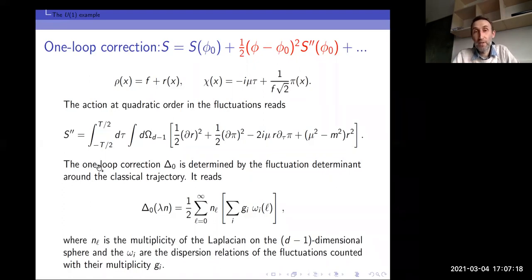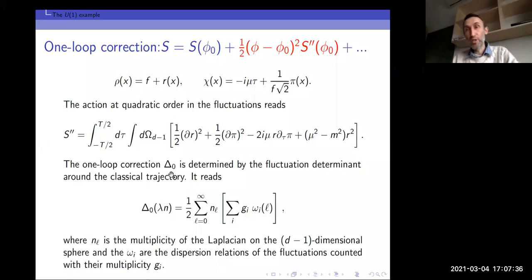The setup is very standard, of course, and you can show that the one-loop correction to the energies, which I now call delta 0, the next-to-leading order (NLO) term in the large charge expansion, will be determined by the fluctuation determinant around the classical trajectory. I didn't show it here in more detail, just to speed up a bit, because I'm still reviewing the known results in the literature.